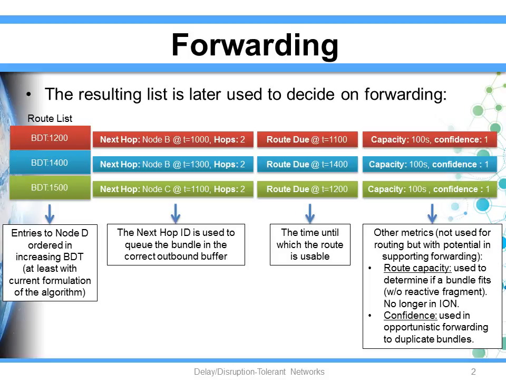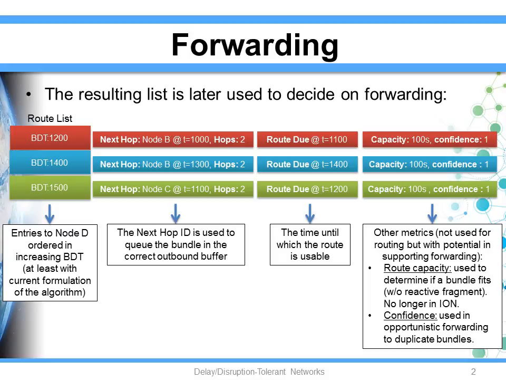However, for instance, route capacity is no longer used in ION. It was originally used for determining whether a bundle can fit in a route. However, that is no longer necessary if you use reactive fragmentation, where a bundle can actually be split into smaller packets and fit in routes, even though the capacity of the route is smaller than the bundle size.